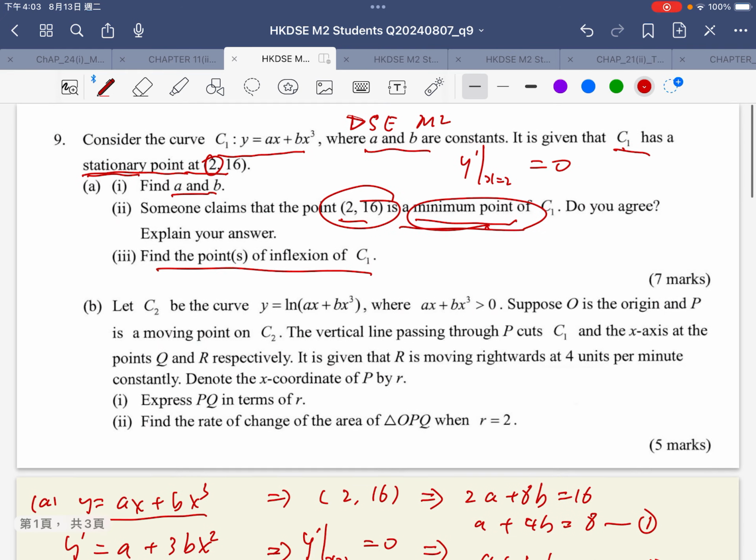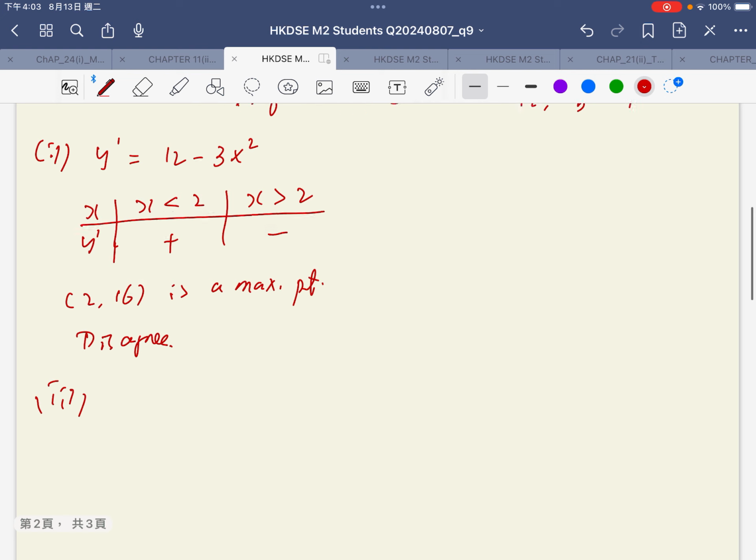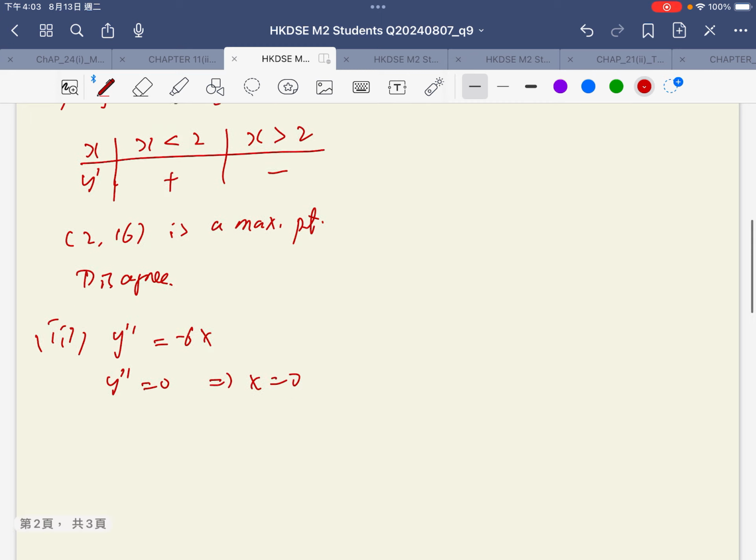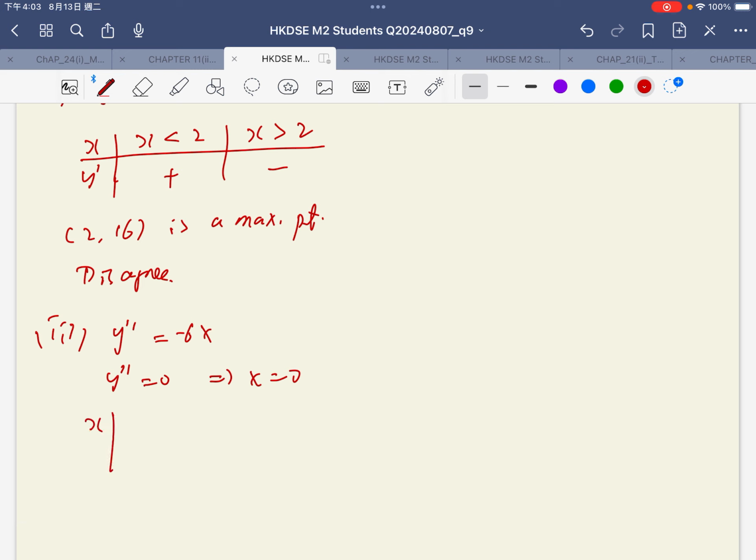For the third part, it is the point of inflexion. Therefore, I need to differentiate this function further, which gives 6 minus 6x, and set this equal to 0. We have x equal to 0, and draw a table.